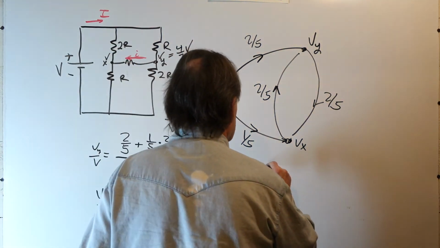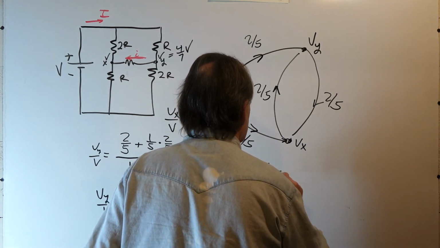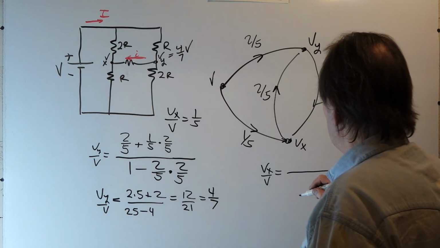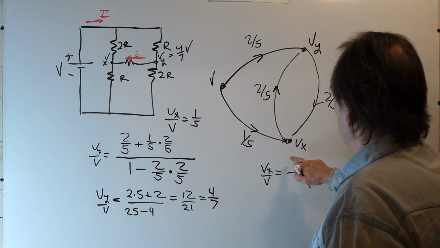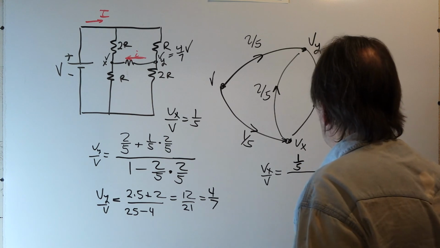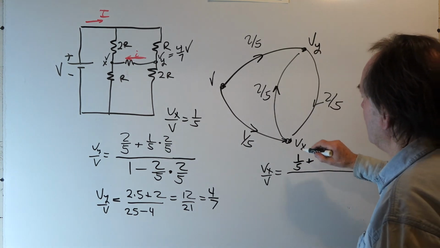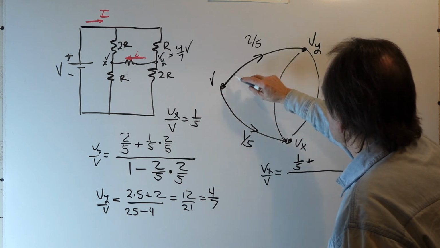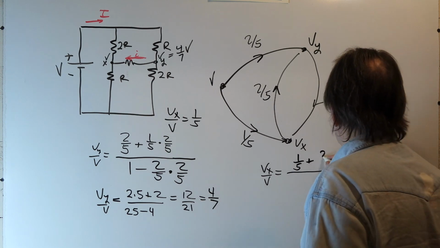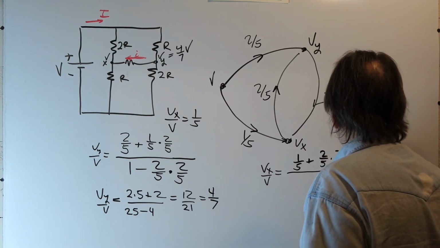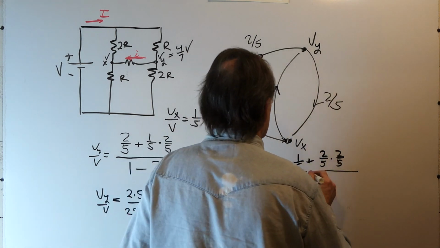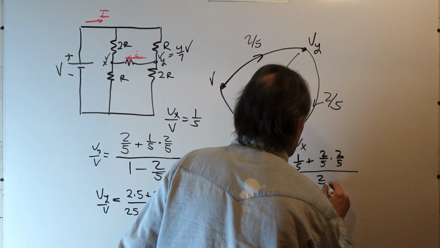Same thing for Vx over V. Vx over V is, we take the gains in the numerator on the forward paths. So to get to Vx from V, we have this path, which is 1/5 gain, and to that we add the other path that we have to get to Vx, which is through Vy: 2/5 to Vy and 2/5 down to Vx. So it's 2/5 times 2/5. And we again divide by the system function loop gain, which is 1 minus the loop gain.